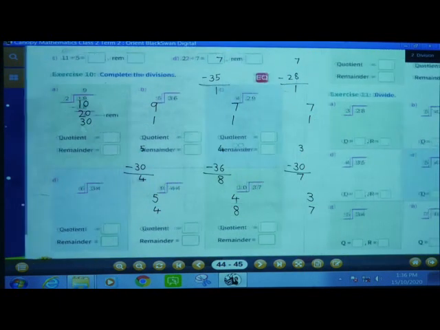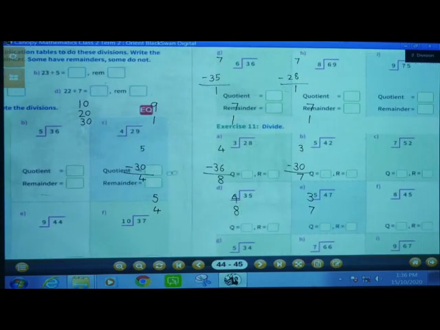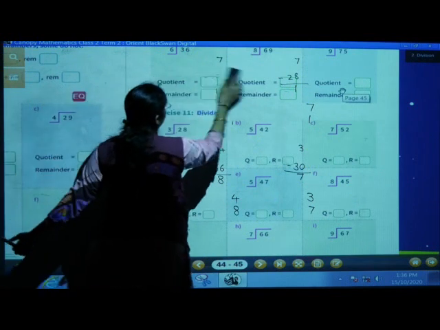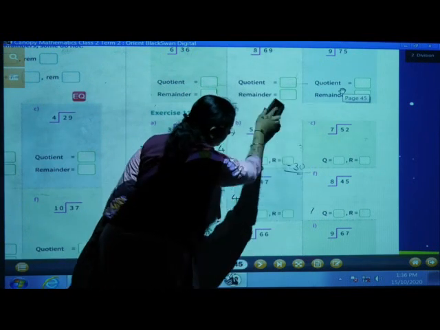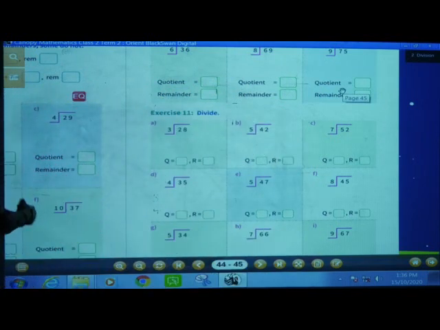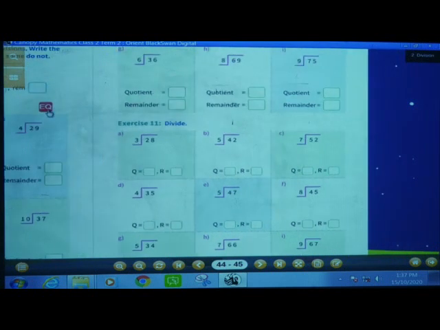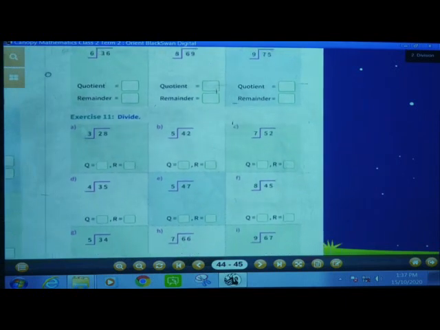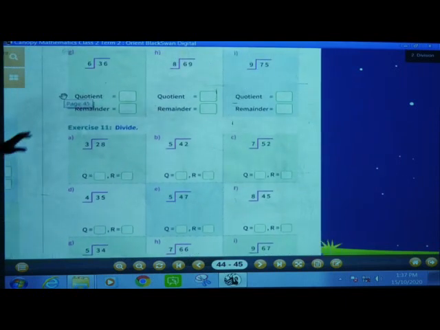Next page. Next, page number 45. See, this is the homework.